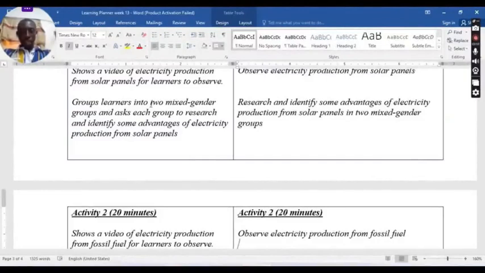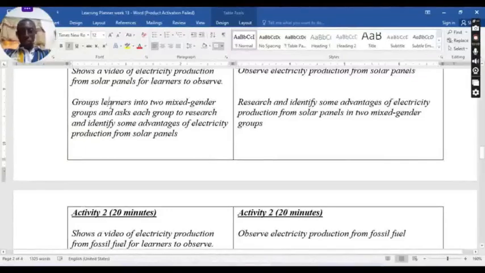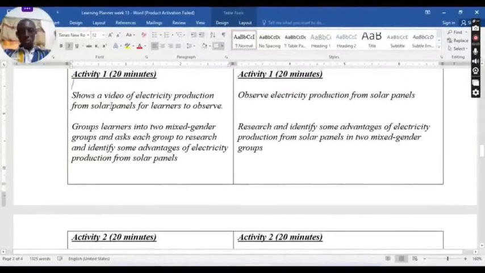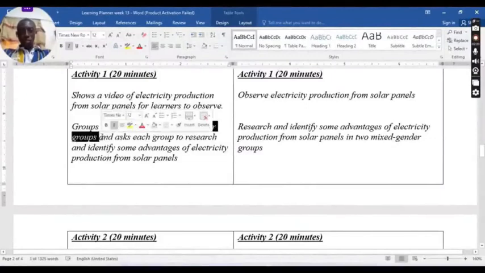When I read the TM, it was talking about advantages of the solar panels and disadvantages of the fossil fuels. So I chose to bring the advantages of solar panels first, since it is the main point of discussion here. So they watch videos, then are grouped into 2, and then they research and identify some advantages of electricity from solar panels. Now watch this here, into 2 mixed gender groups.